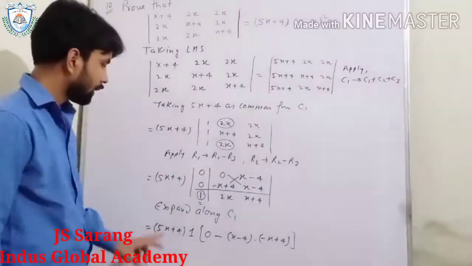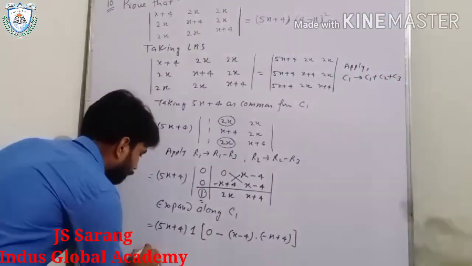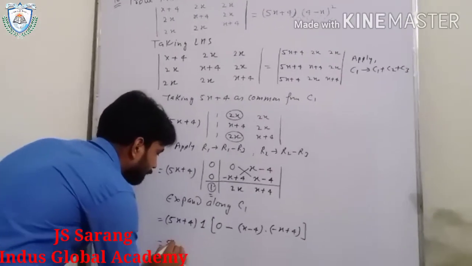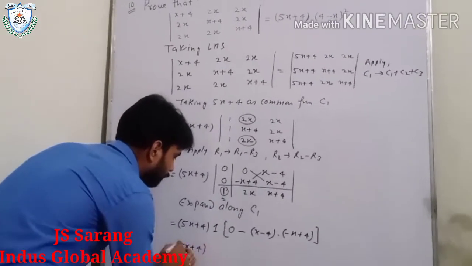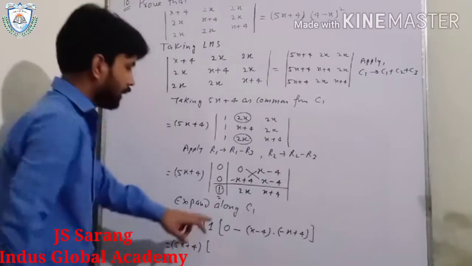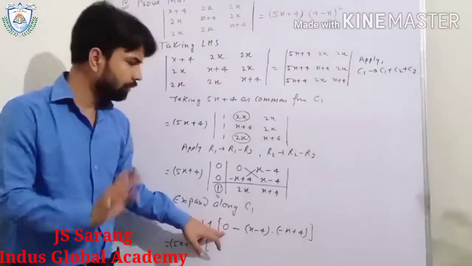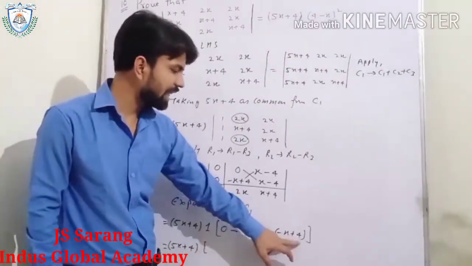Clear? Now see, 5x plus 4. The 0 term we can remove. Now see, this is minus x plus 4.